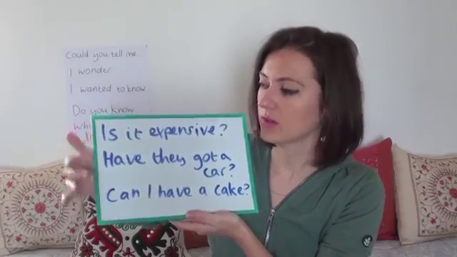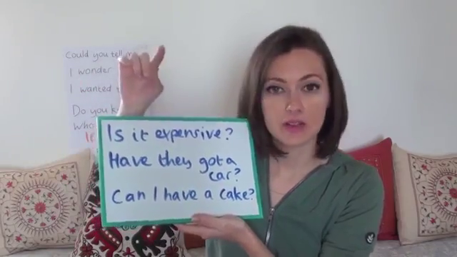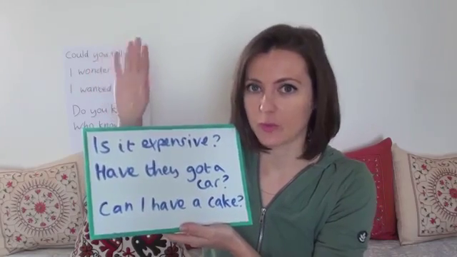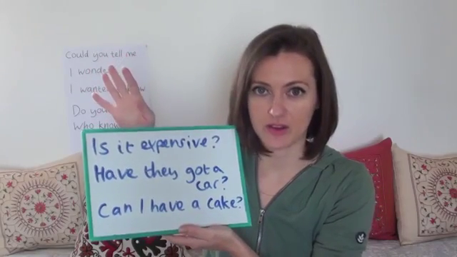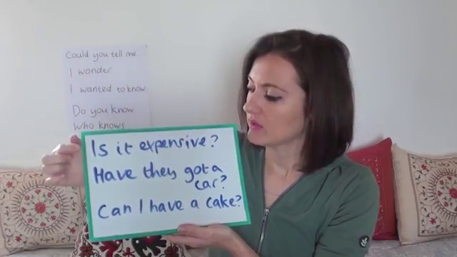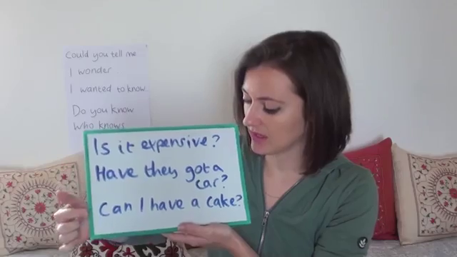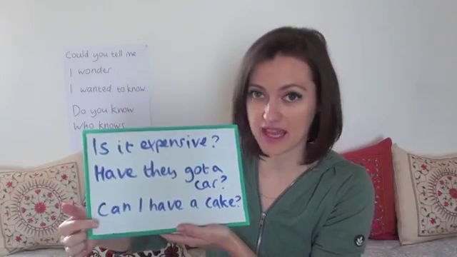We don't have those question words, and we don't have did, does, do. Here are some examples. Is it expensive? Have they got a car? And can I have a cake?